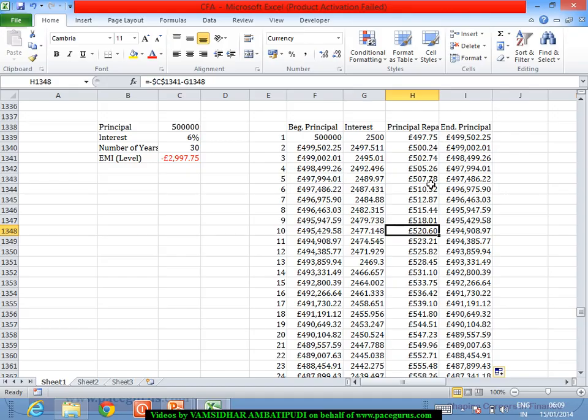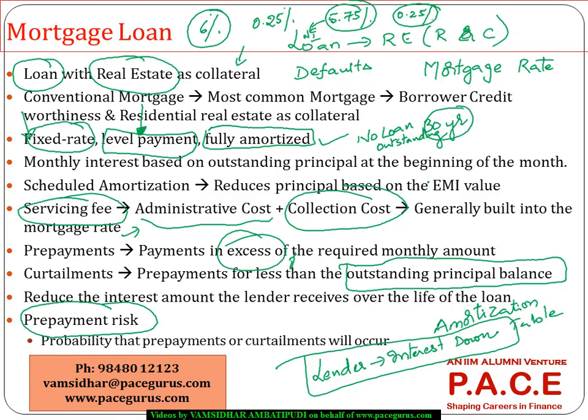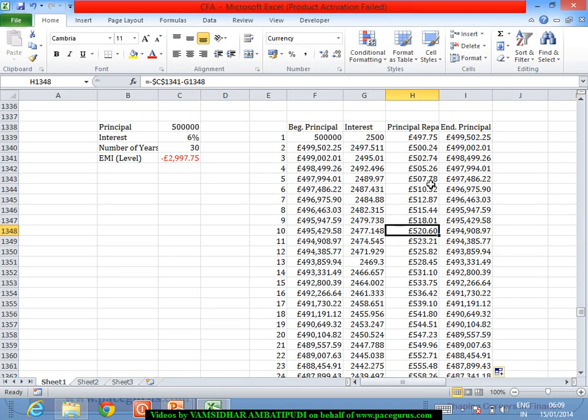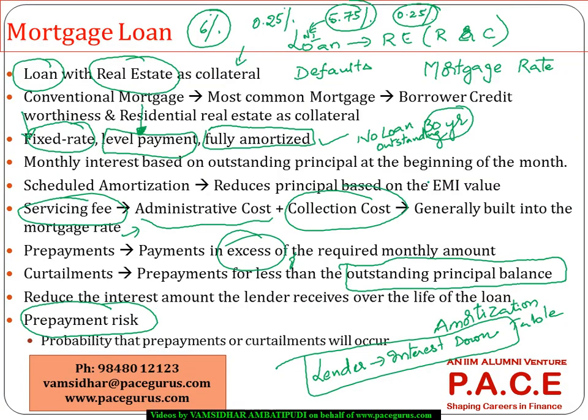But because this loan generally is a fixed rate, level payment, fully amortized kind of loan, by the end of 30 years exactly I should see that there is no more principal outstanding, right? So these are the basic characteristics associated with any mortgage loan.